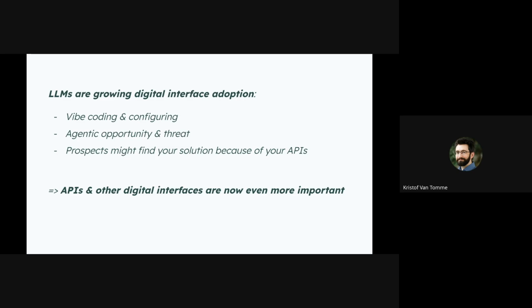Because if an agent needs to make a phone call to be able to get something done in your organization, probably that's not going to be very fun. So having clearly defined digital interfaces, hopefully APIs, but could also be other digital interfaces, that make it easier for agentic systems to interact with you in a controlled way, where you can make sure that the interaction you're having with that agent is one that you desire and that conforms with your needs, is, I think, something that is only going to become more important.